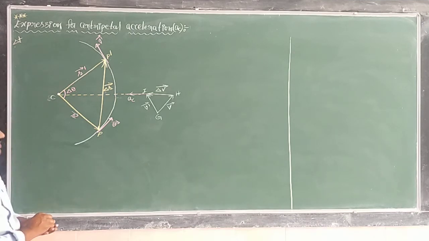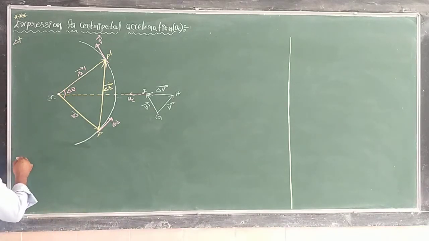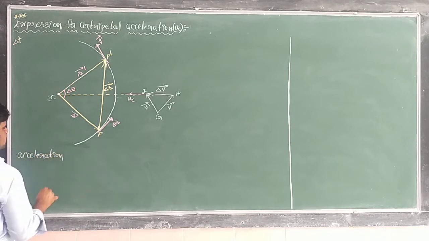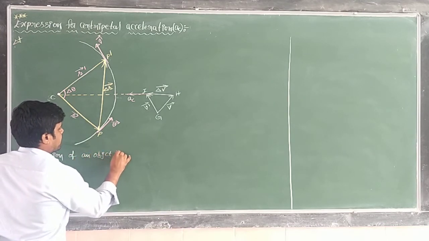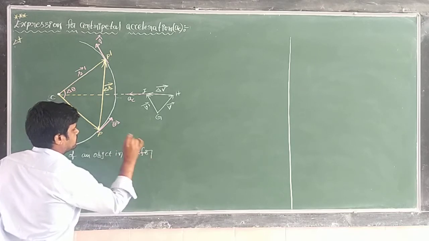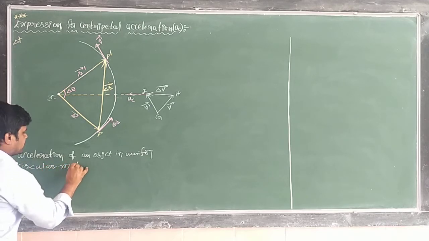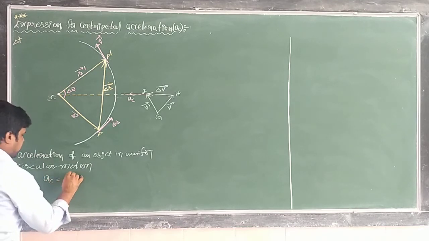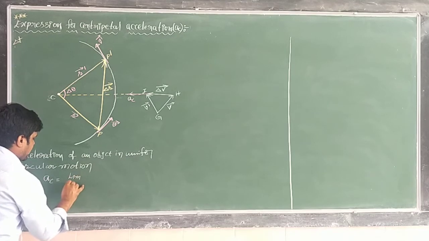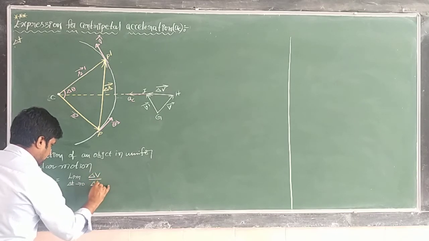Now let us see how to write this. The acceleration of an object in uniform circular motion, the centripetal acceleration, is a_c equal to the limit as delta t tends to 0 of delta v by delta t.